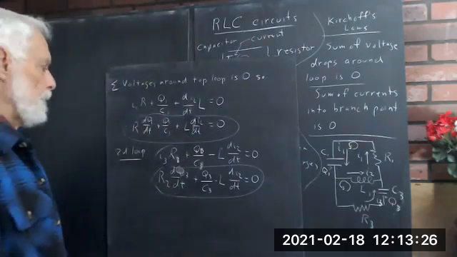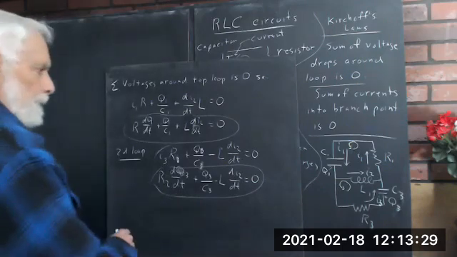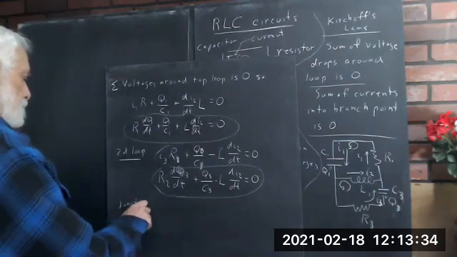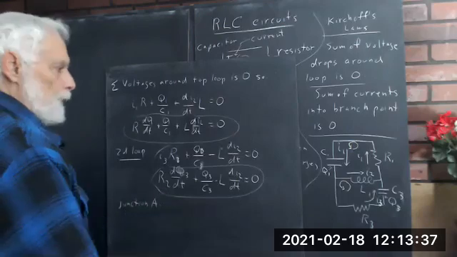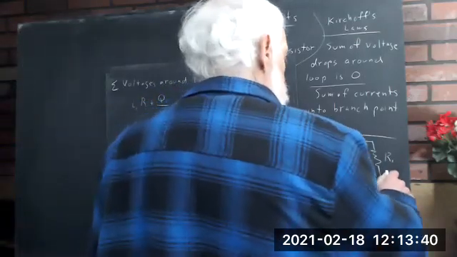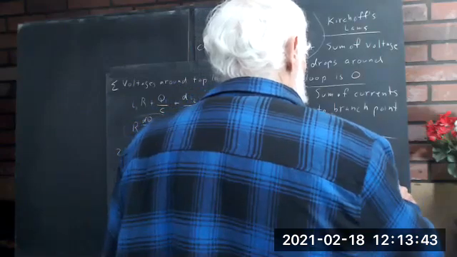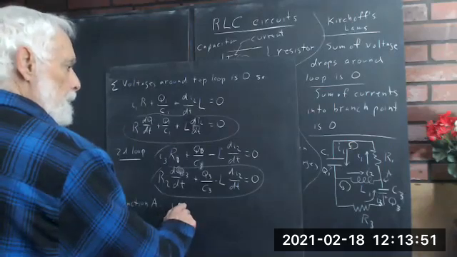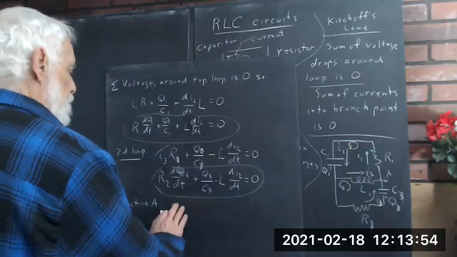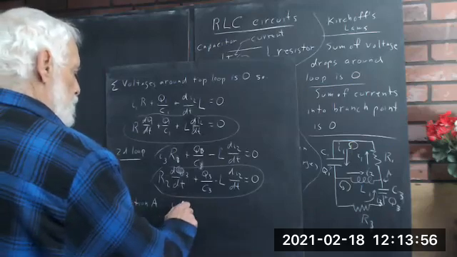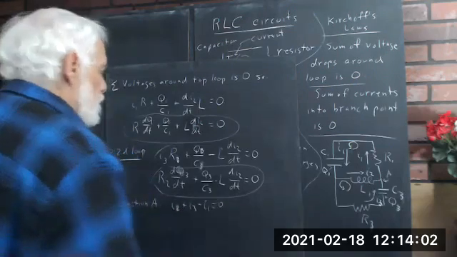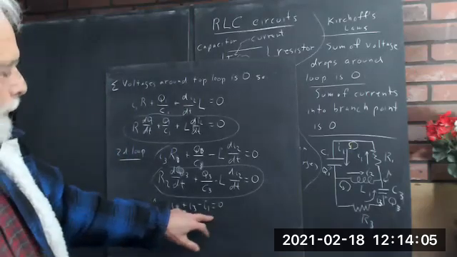Anyhow, we get this. Now, at junction A, let's call this point A. What we have is I1's coming in, I3 is coming in, I1 is going out.